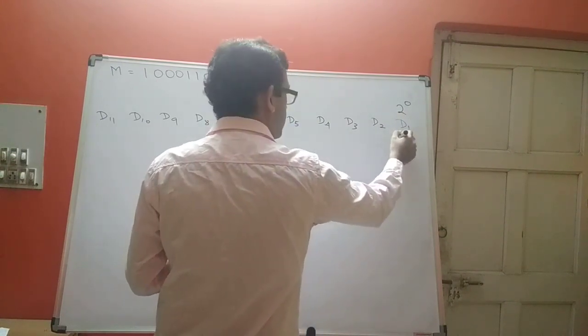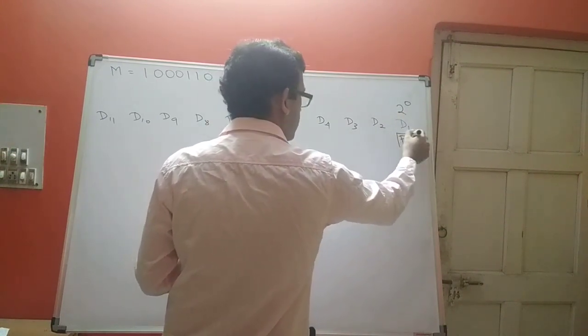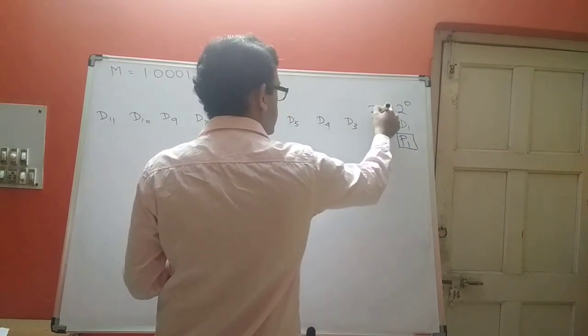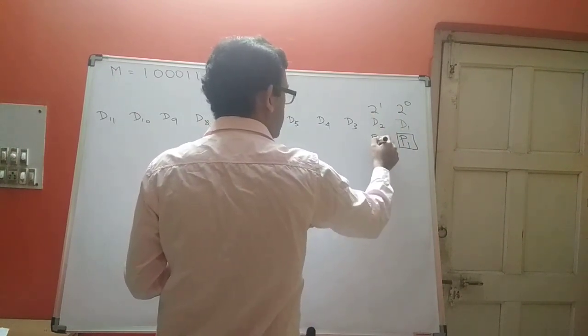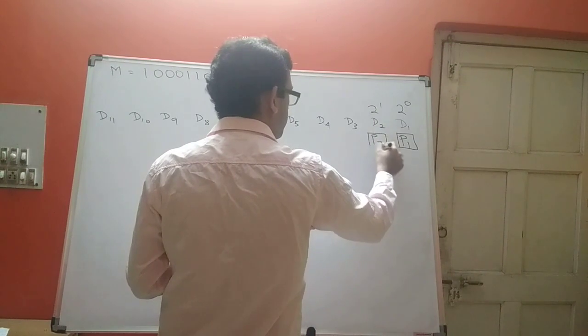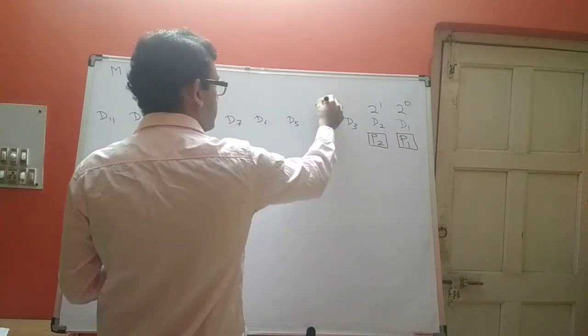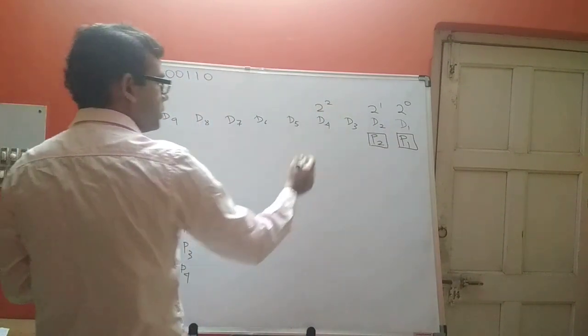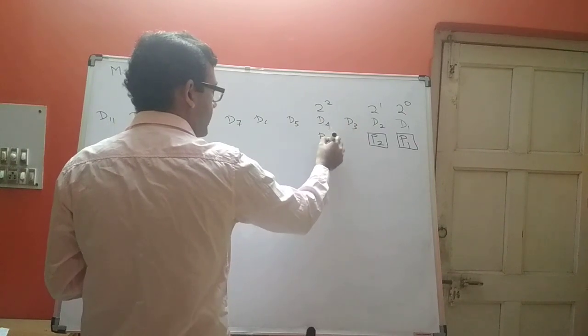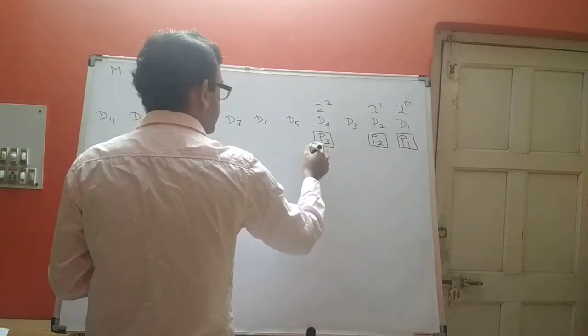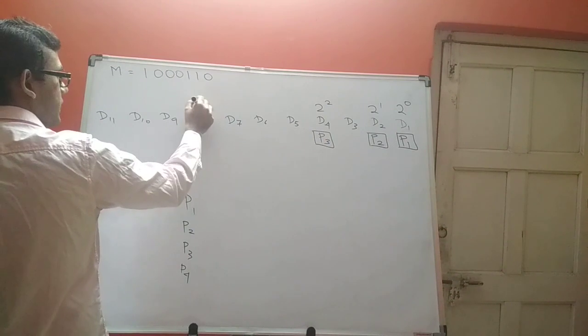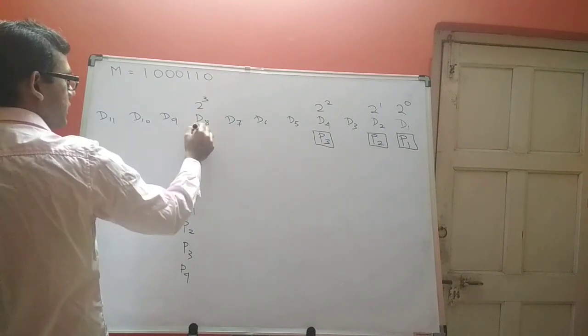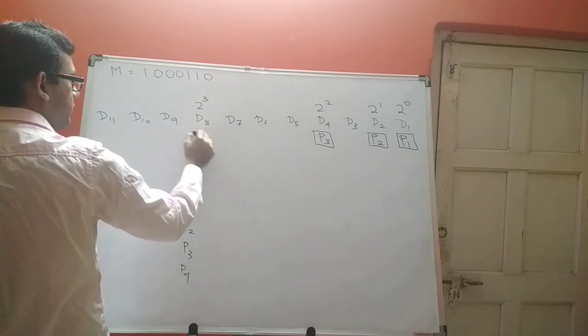So here will be my parity bit 1. This can be expressed as 2 to the power of 1, so this will be parity bit 2. This is 2 to the power of 2, position 4, so this is my parity bit 3. Similarly, position 8 can be expressed as 2 to the power of 3, so this is my parity bit 4.